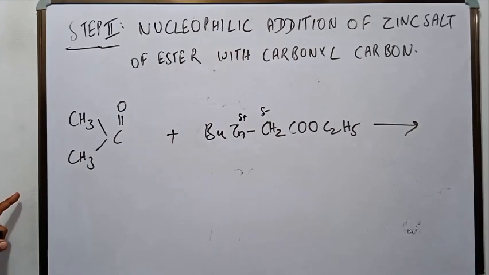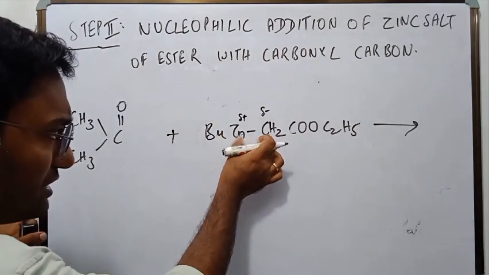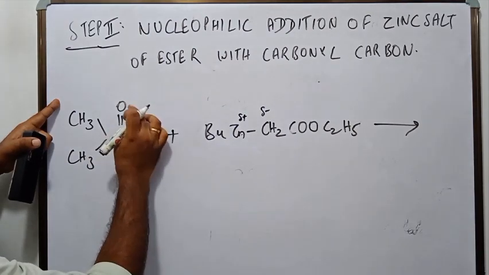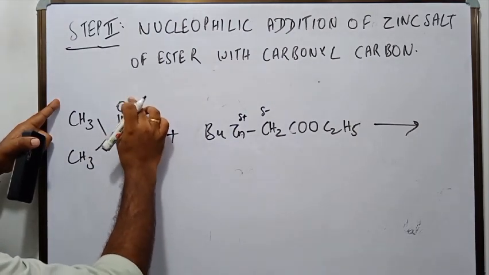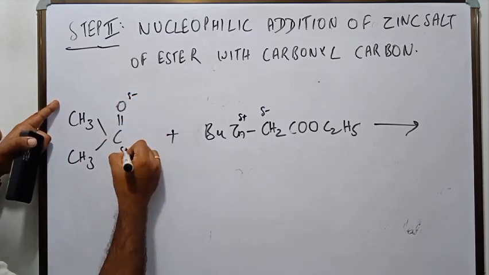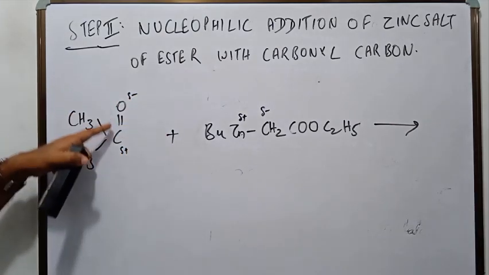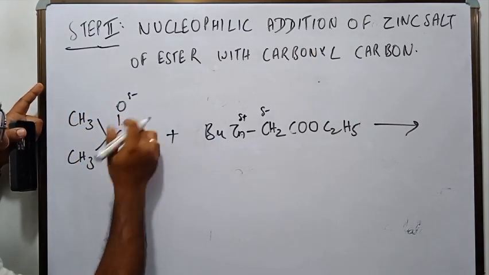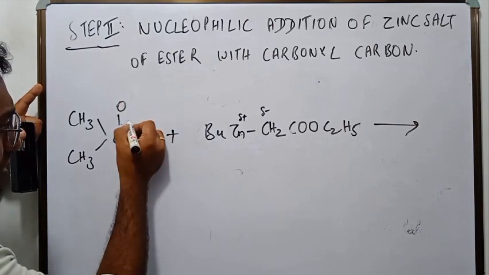As I said, at the slightest provocation it can break. Look at this ketone molecule. There is significant electronegativity difference between carbon and oxygen. This side is negative, this side is positive. So polarity is developed, and the electron pair will subsequently be taken up by oxygen. Correct?